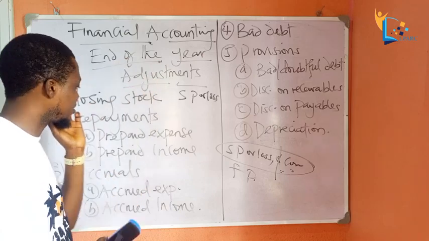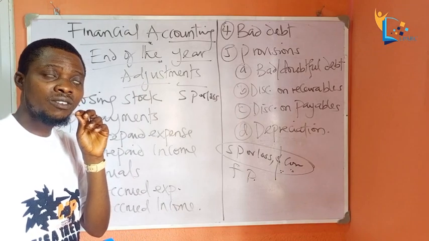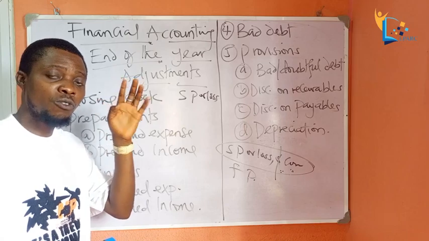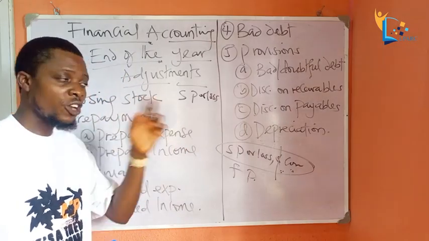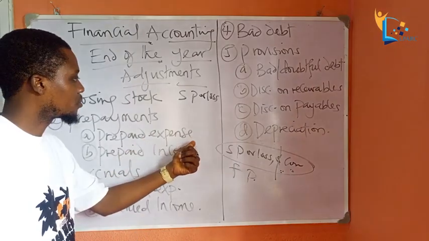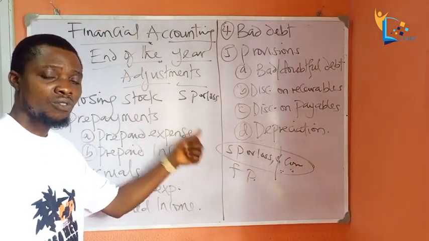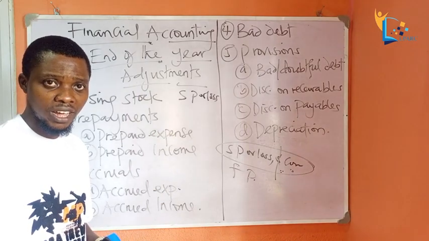For instance, if we have rent of 20,000 naira in the trial balance and the prepaid expense there is 2,000, in your statement of profit or loss account, you deduct 2,000 from that 20,000. Are you with me? Are we together?